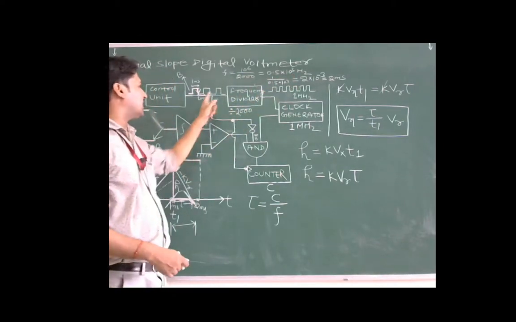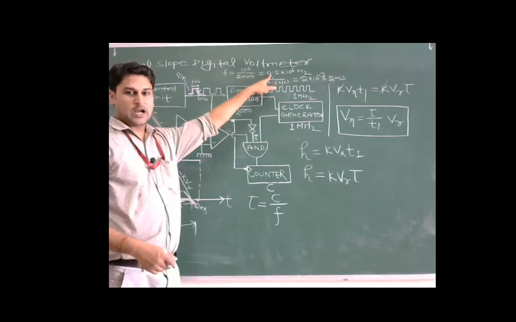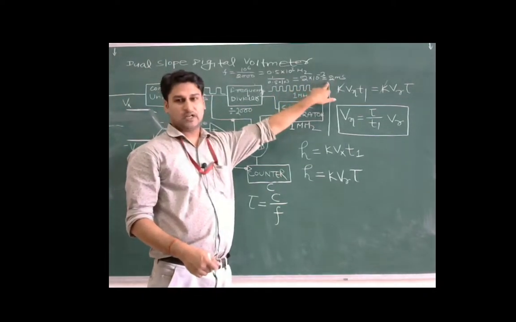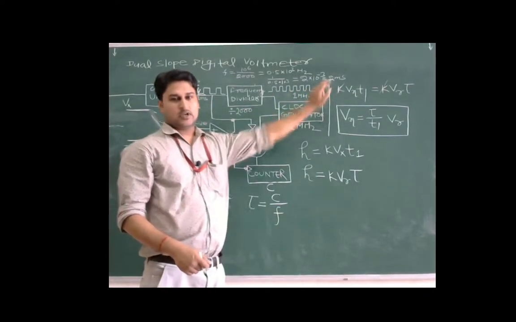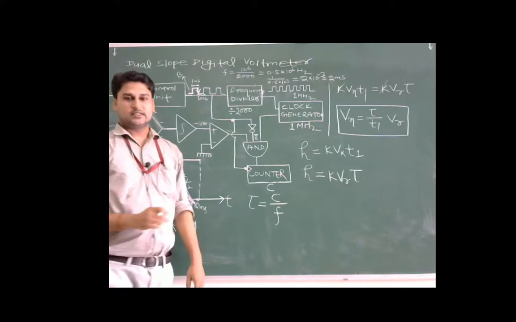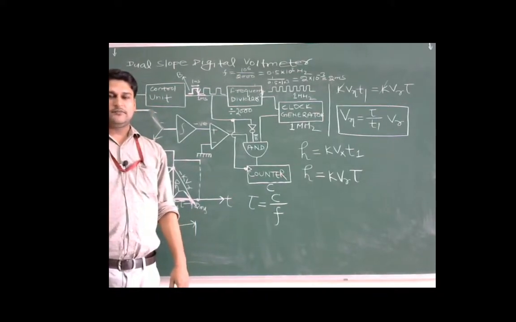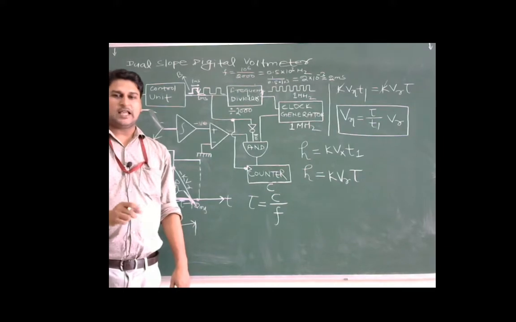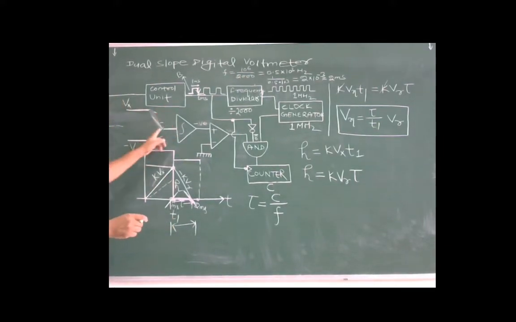If the frequency is 0.5 kilohertz, then the time period of this clock pulse will be 2 milliseconds. It indicates that this clock will go high for 1 millisecond and low for the remaining 1 millisecond. When this clock is high, the control circuit will connect this switch to Vx, and when this clock pulse goes low, the control unit will connect the switch to minus Vr.